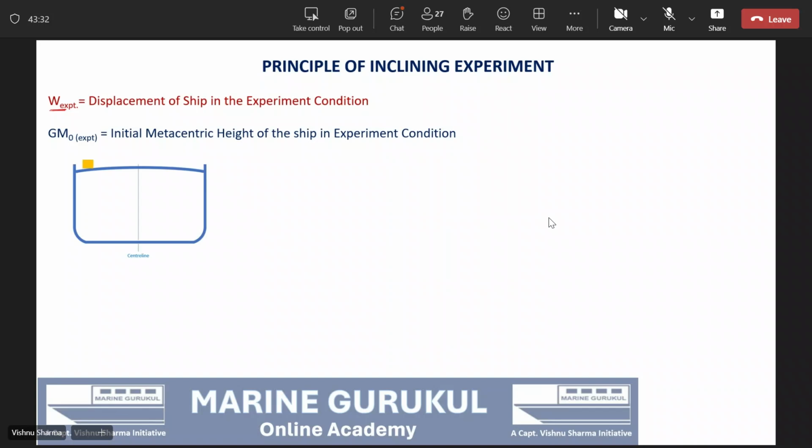Now let us say the ship is upright with this small w weight, shown in yellow, placed on the ship like this. The ship is floating upright, and what will you do? You'll place a graduated batten on the bulkhead like this, just like you fit a whiteboard on the wall of a classroom. Same way, this graduated batten is mounted on the bulkhead.